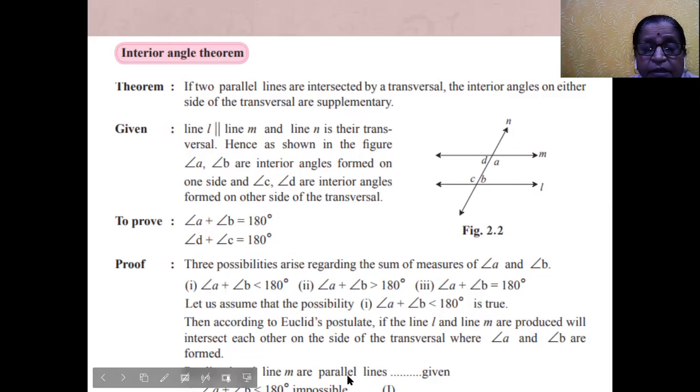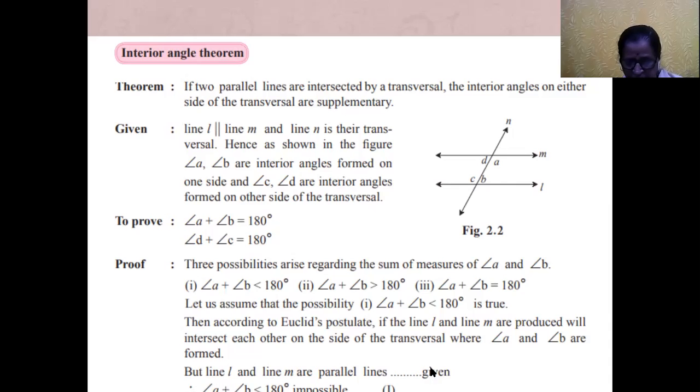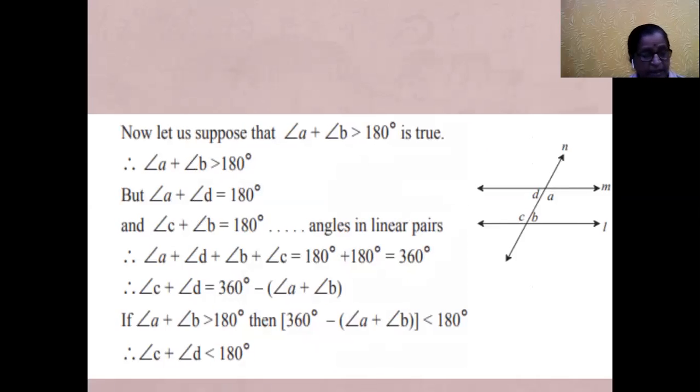So here, what is given is that line L and line M are parallel lines. Then angle A plus angle B being less than 180 is not possible.